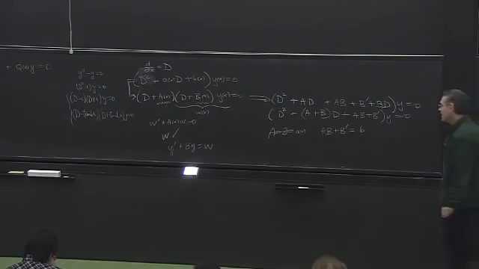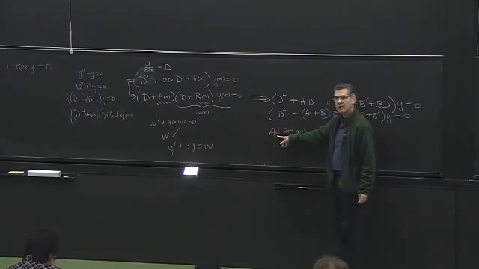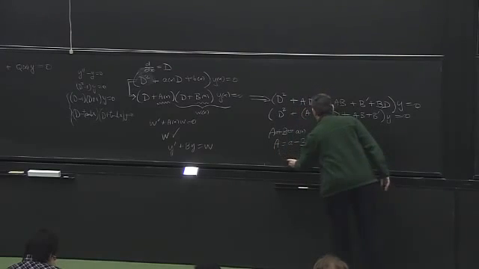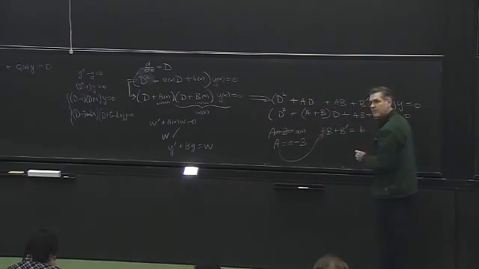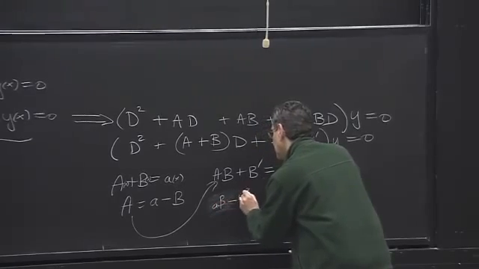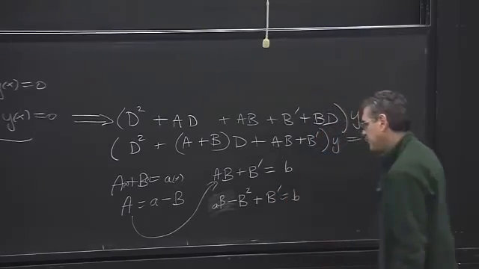Okay? So why don't we eliminate, say, a? Let's eliminate a. From this equation, I see that a is equal to little a minus b. And I substitute a into here. So that gives me, oh, sorry, little a times b minus b squared plus b prime equals little b.